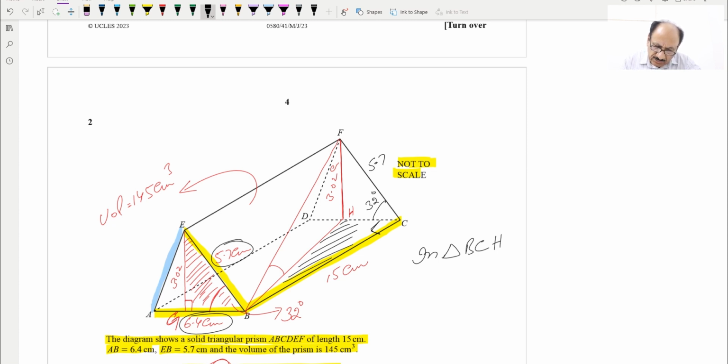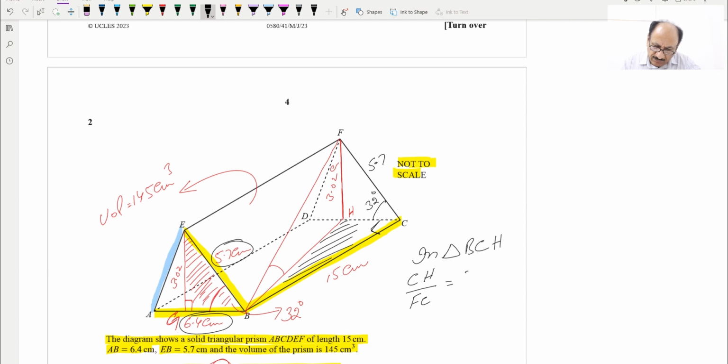So first we consider BCH, and we can find CH first. So CH will be what? CH over EF or FC, we can take, is equal to CF.